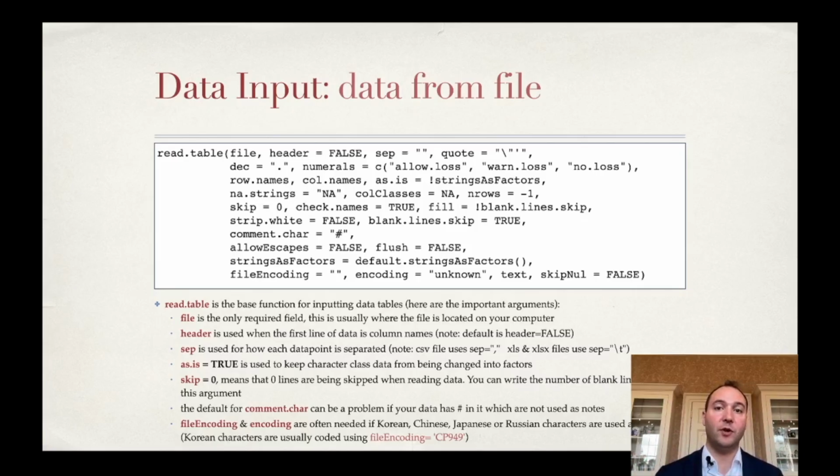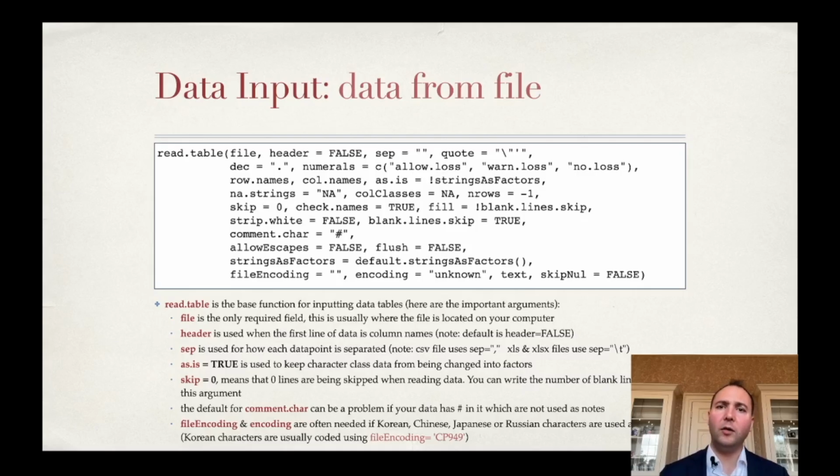If you're copying from an Excel spreadsheet, for example, Excel uses a tab to delineate different values. So you would change your sep argument to \t, indicating that it's a tab that's separating the values.